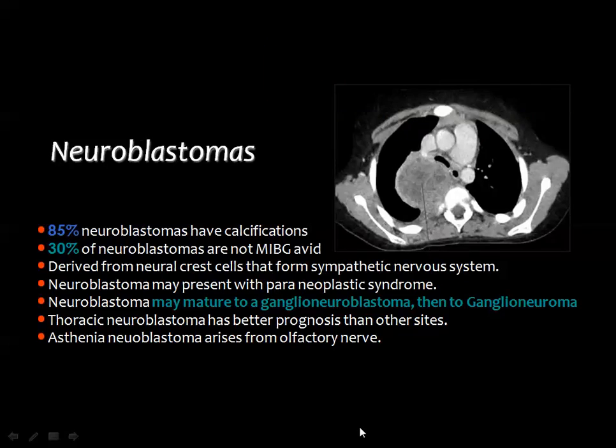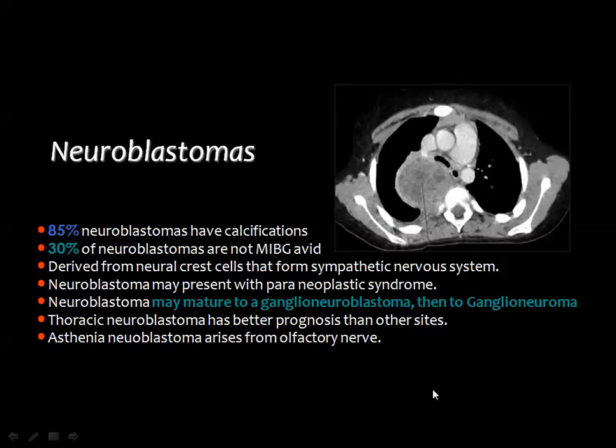Then 85% of neuroblastomas show calcium, but by CT. Okay, you know, CT is much more sensitive than X-rays for detection of calcium. About 30% of neuroblastomas are not MIBG evident, and this is the radioisotope which was used before for the detection of neuroblastoma whenever you are suspecting this disease.